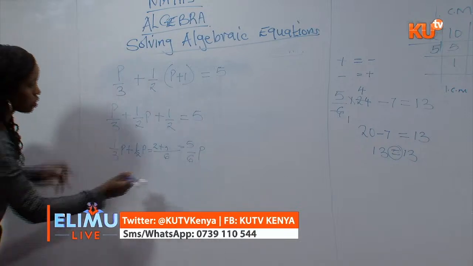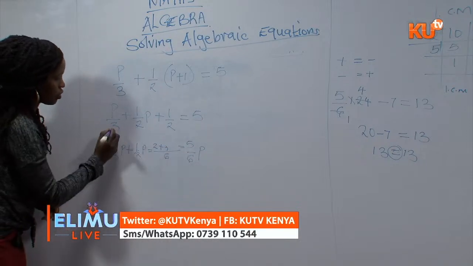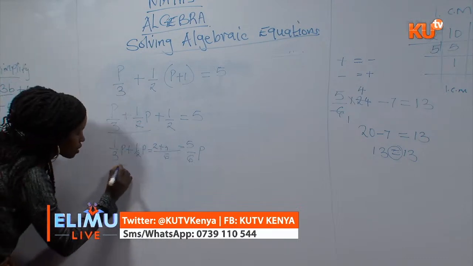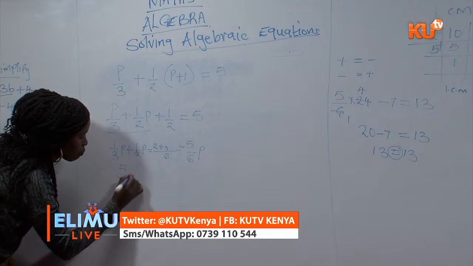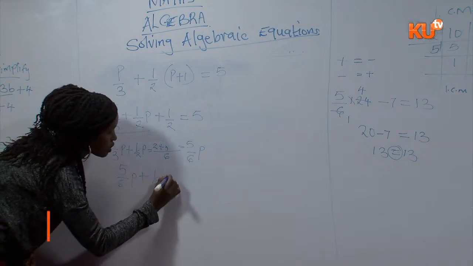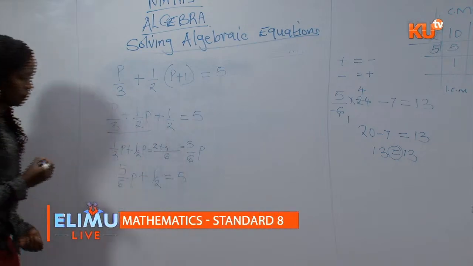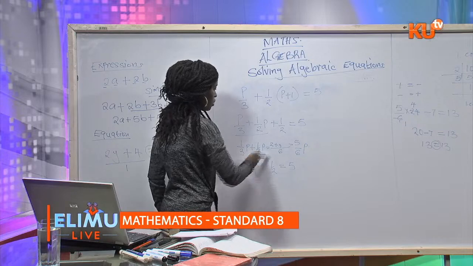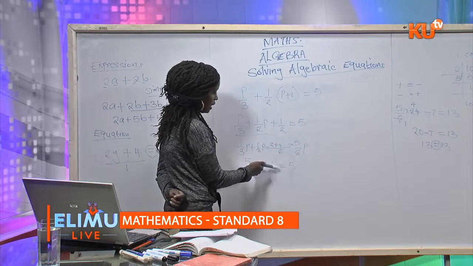So we go back to our equation. This one, 5 over 6, is going to replace p over 3 plus a half. So I'm going to write 5 over 6p plus a half is equal to 5. Then this fraction, I take it to the other side because it doesn't have an unknown.